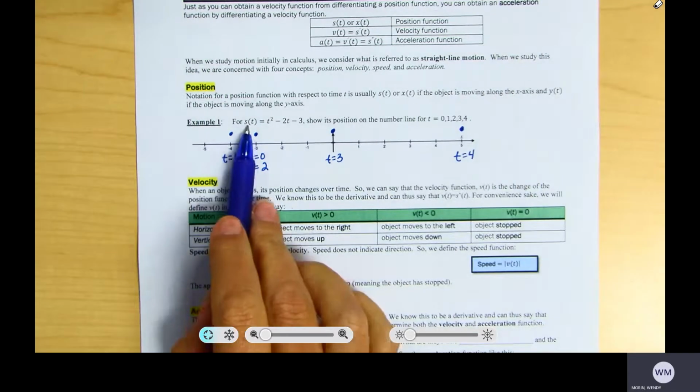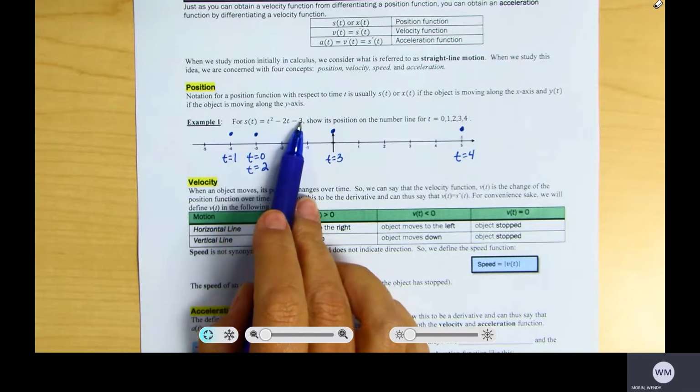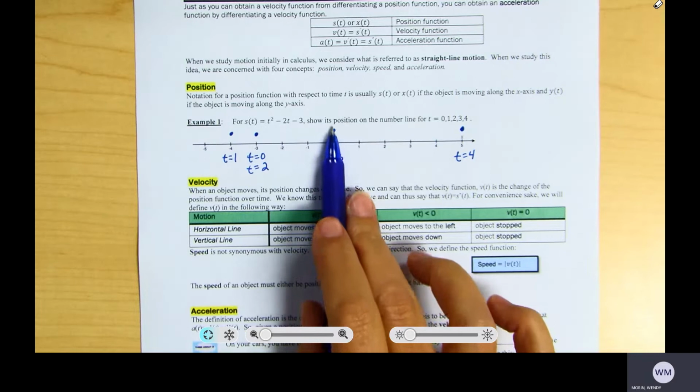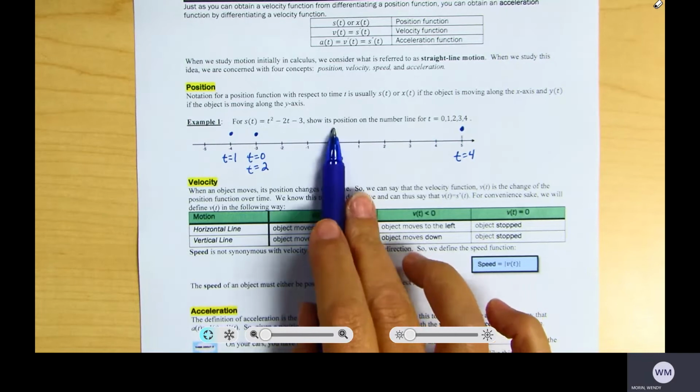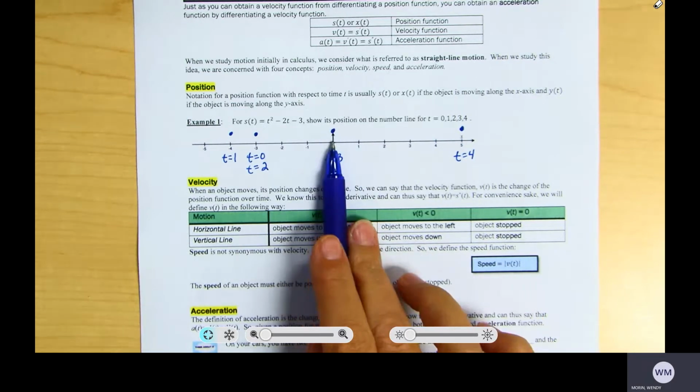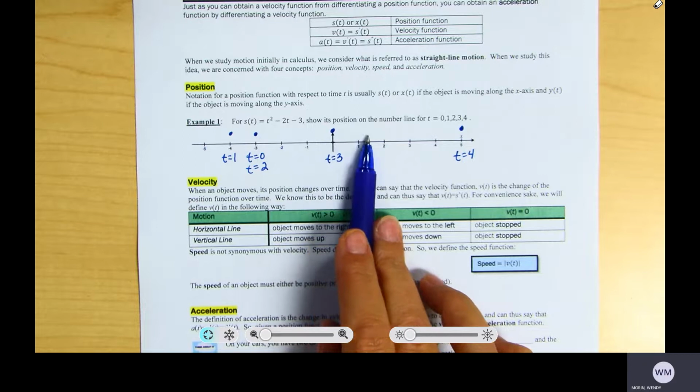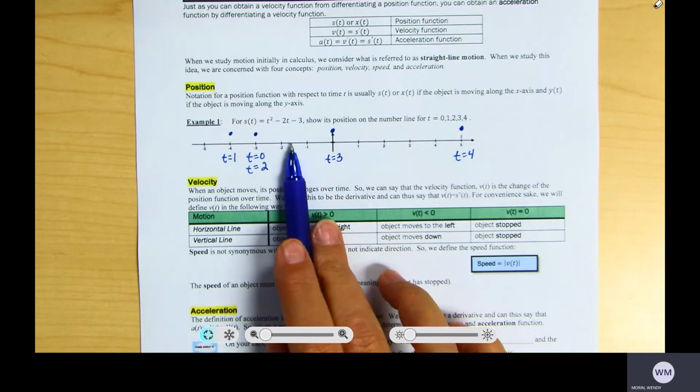So this gives you your position in terms of the origin. The number you get is not the distance traveled, it's the position you are to the right or to the left.